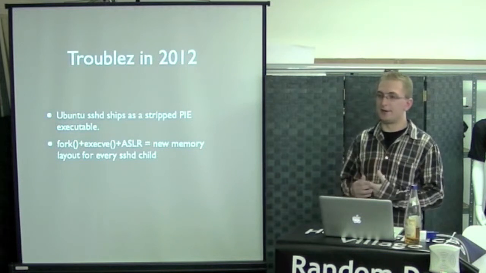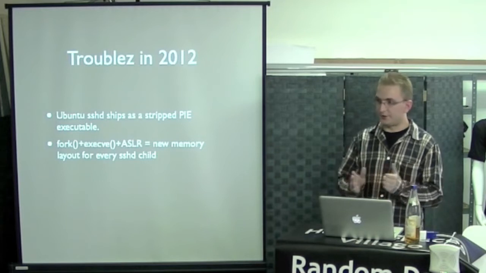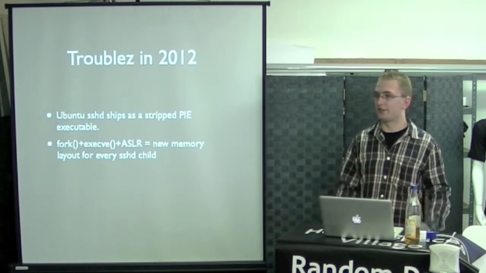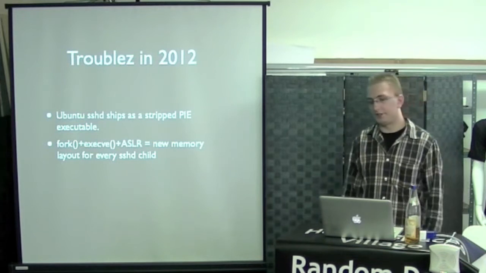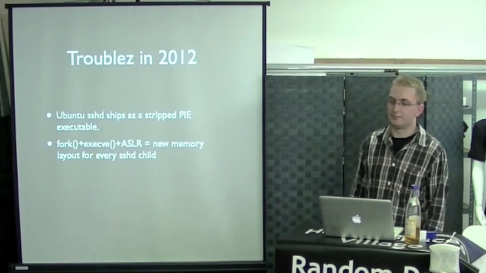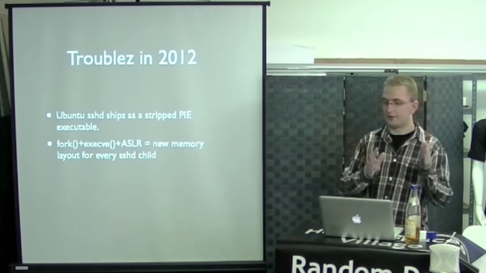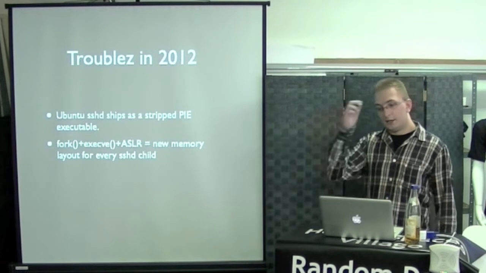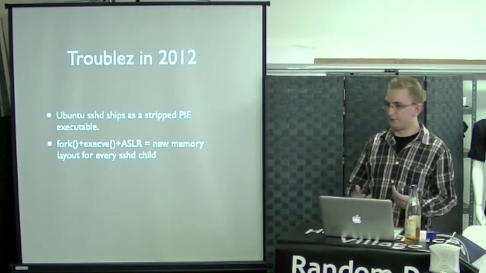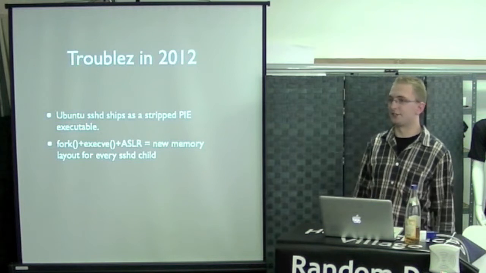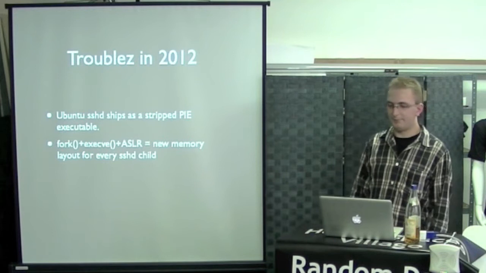With a non-PIE binary, it needs to be loaded at a specific load address, otherwise certain hard-coded pointers and other things will not match up with the actual image in memory. But they compile it as a position independent executable, so this means they can have SSHD anywhere in memory. Of course, this poses a few problems for us because we need to know a lot of pointers to do patching, and if they change all the time, we need to determine them at runtime.